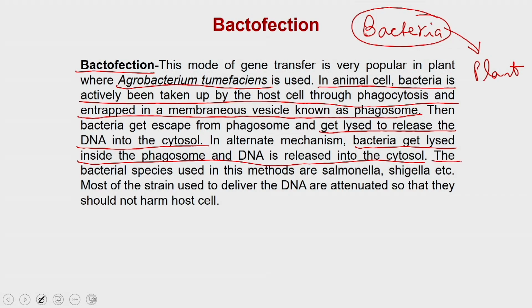The bacterial species you use for mammalian cells are Salmonella, Shigella, and some other species.